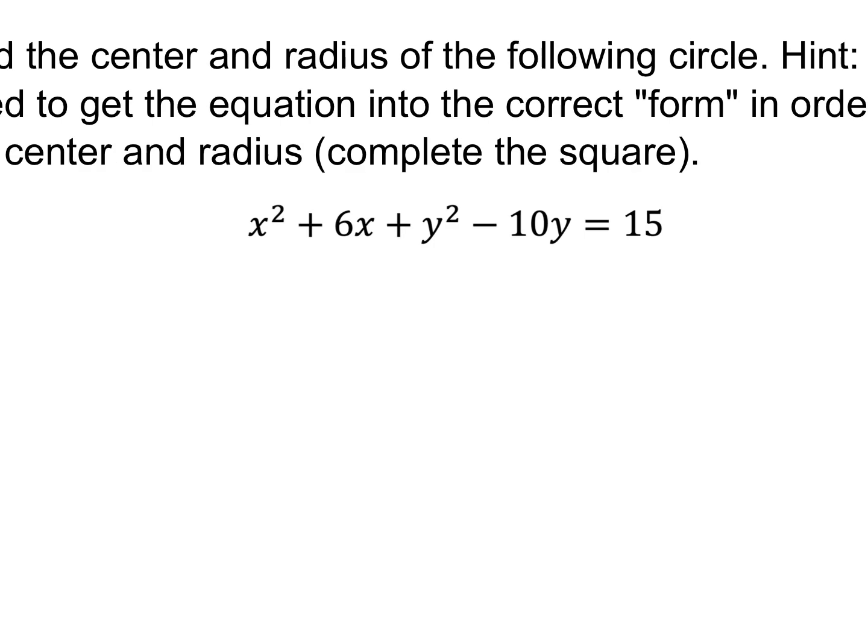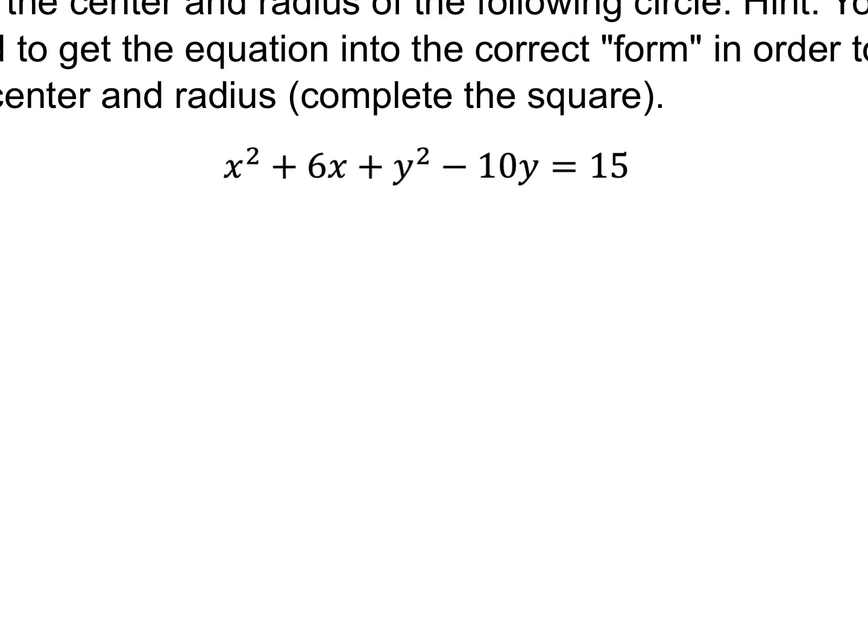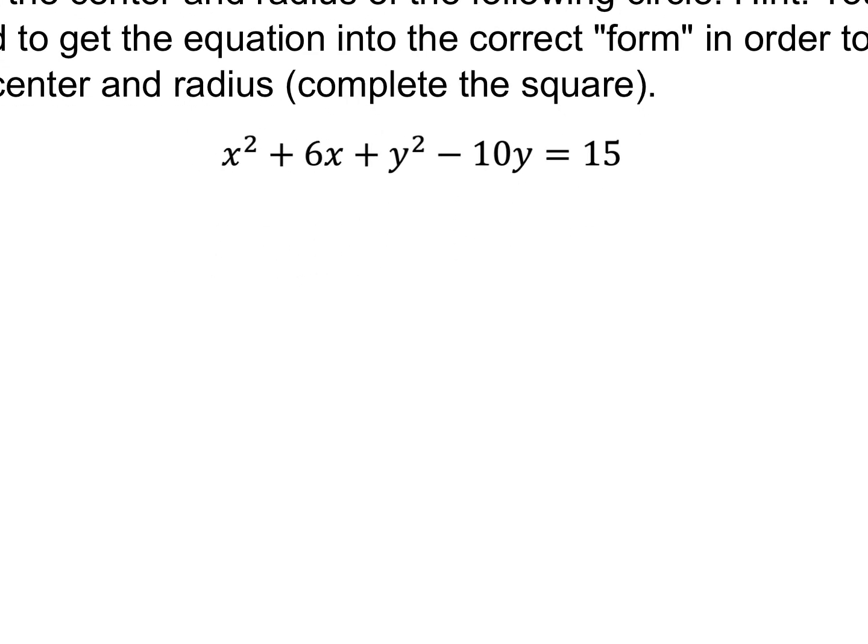Okay? And so one of the things you need to work on is figuring out how in the world would I get something like this, where there's an x squared term, a y squared term, there's a singular linear x term 6x, and there's a singular linear term of minus 10y.